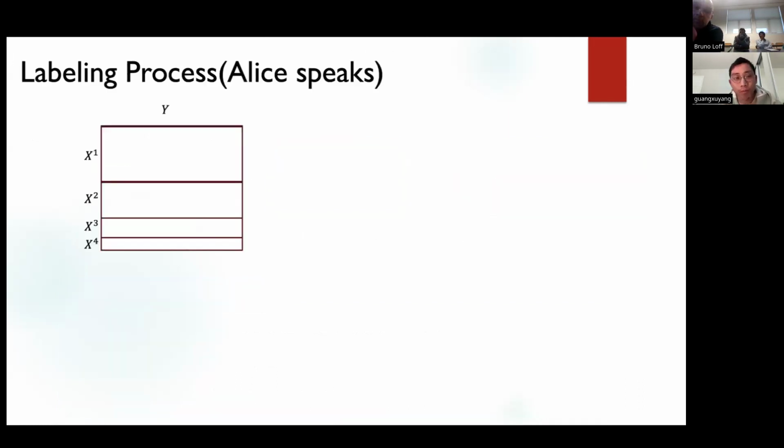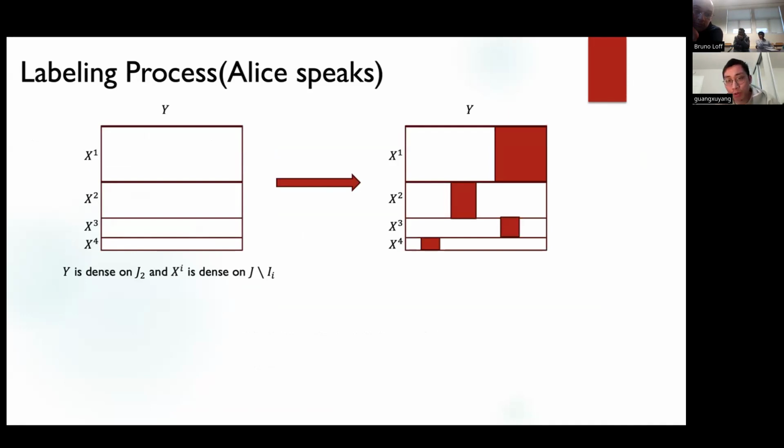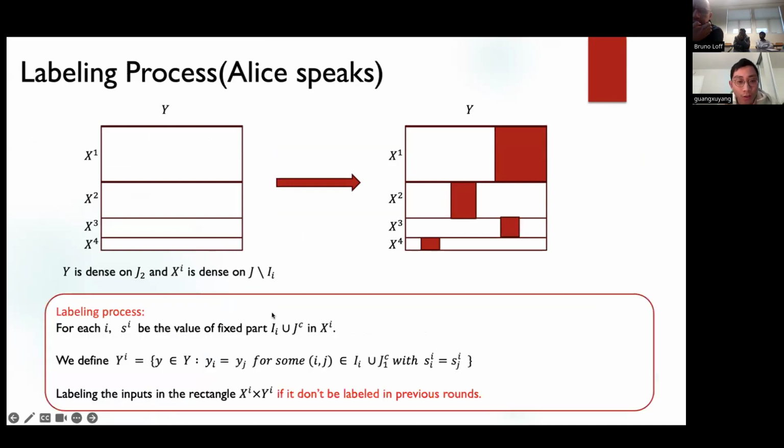So the leveling process means that after you do some decomposition, you should also level some input. This input is bad if Alice or Bob, given their input, can guess the collision in this sub-rectangle. So this is a normal deflation. For each xi, let xi be the fixed part of x.